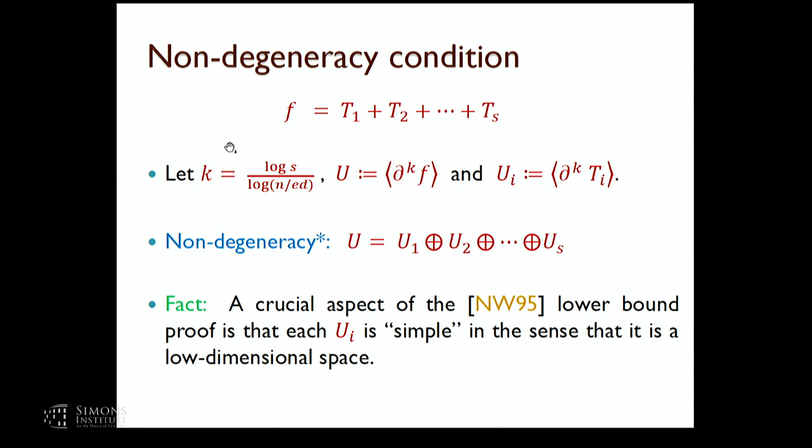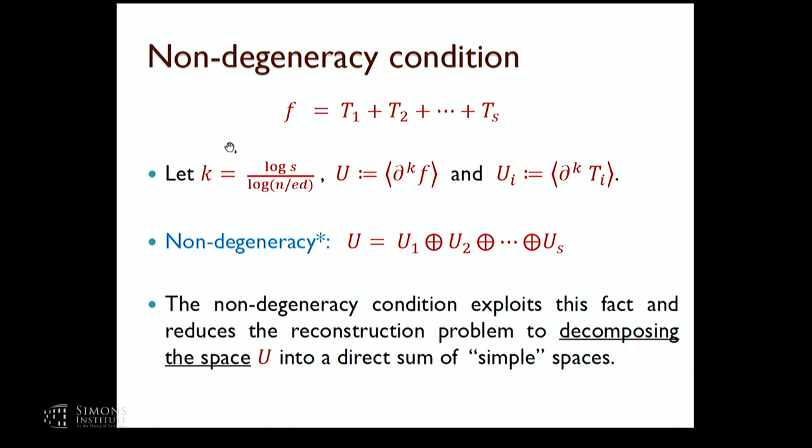What the non-degeneracy condition is trying to do is exploit this fact that U_i is simple, reducing the reconstruction problem to decomposing the space U into these simple spaces. But it is not clear how to do this decomposition, whether this is possible at all efficiently.